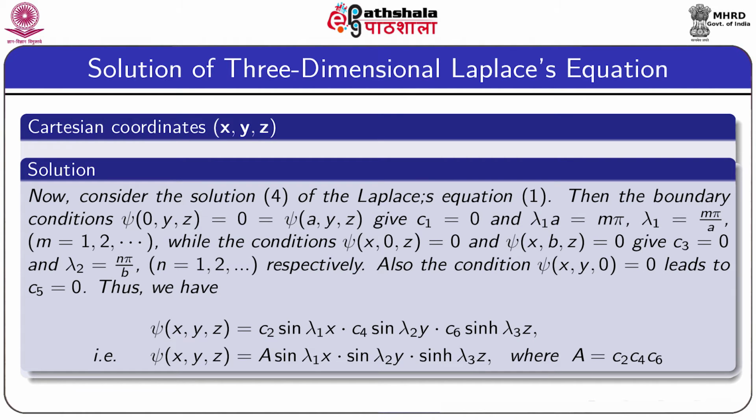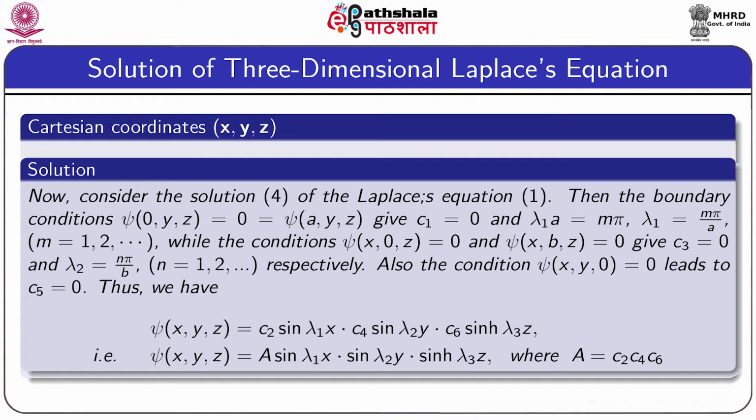So, it implies that lambda 2 b must be equal to n into pi, where n is an integer, or in other words, lambda 2 can take the values n pi by b, where n is an integer. Now, we have two more boundary conditions. The condition psi at z equals 0 equals 0 leads to C5 equals 0.